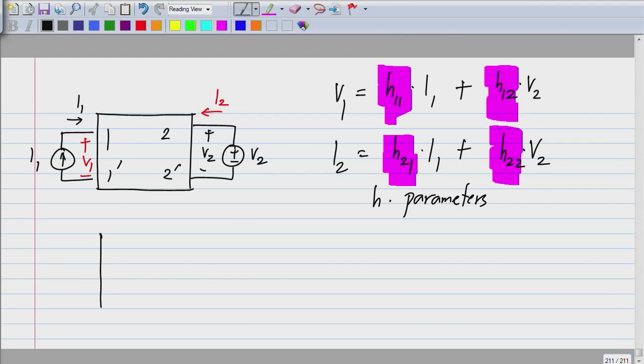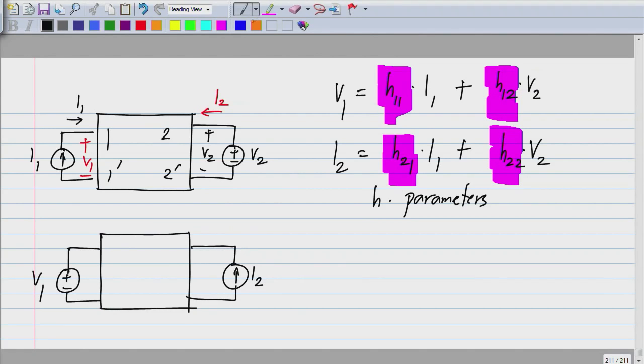Similarly, the fourth alternative is to apply V1, apply I2 and measure V2 and I1. In this case again, when I2 is 0, both I1 and V2 will be proportional to V1.